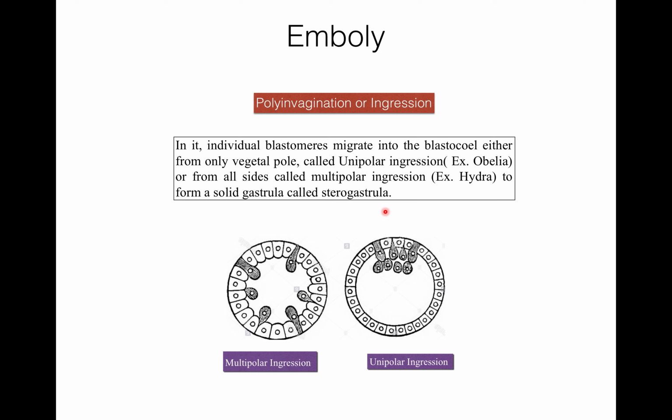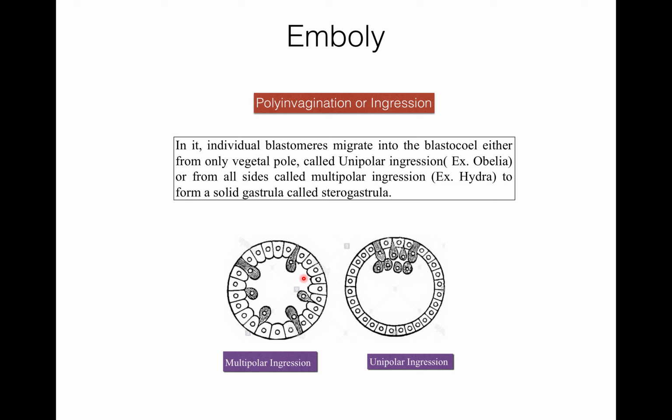Now polyinvagination or ingression. In polyinvagination or ingression, individual blastomeres migrate into the blastocele, and they migrate either from the vegetal pole or from all sides.